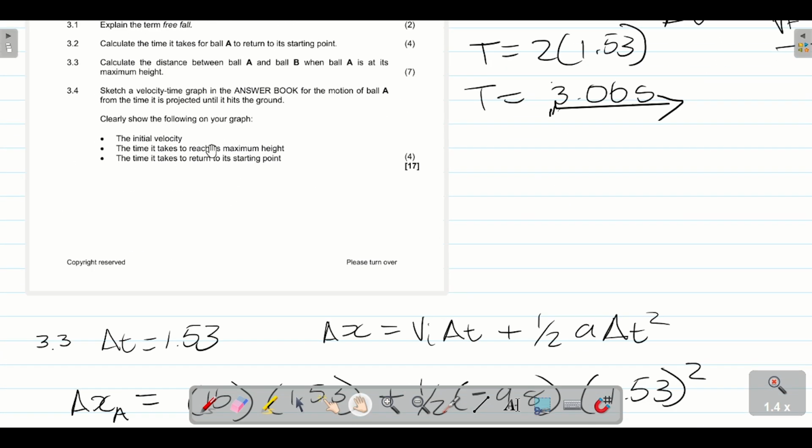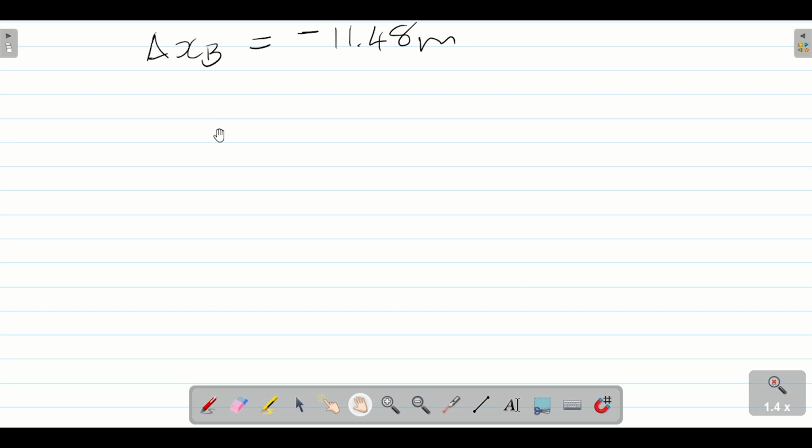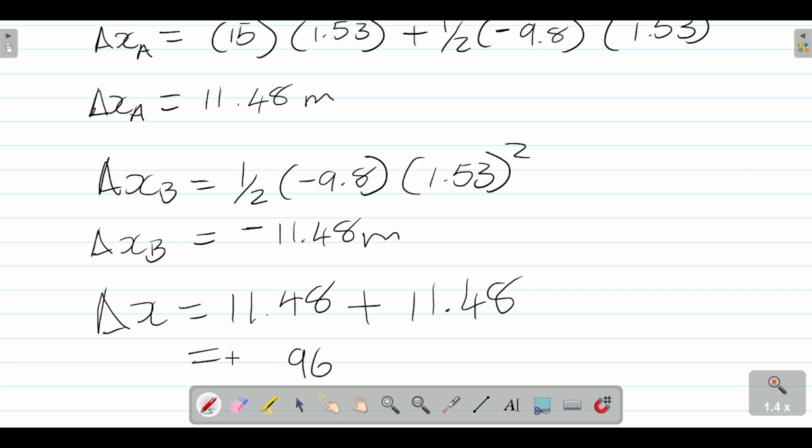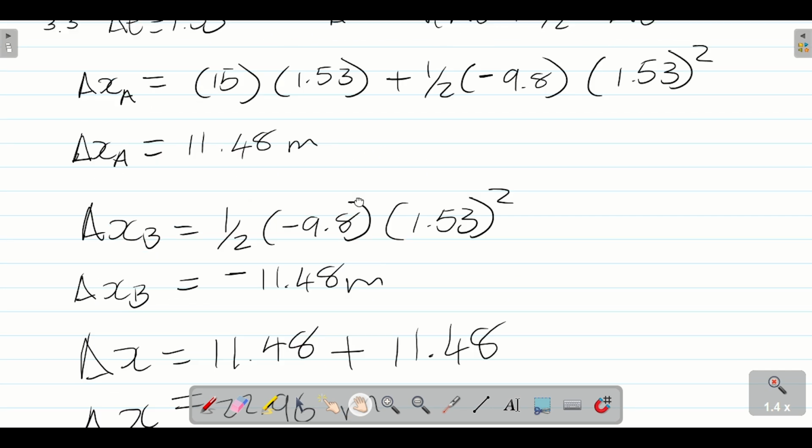So the total distance of the two is delta x, which is 11.48 for A and 11.48 for B, which gives us 22.96 meters. Let's go to the next question.